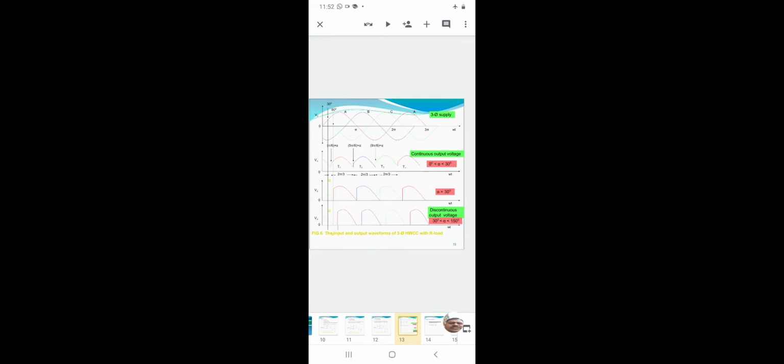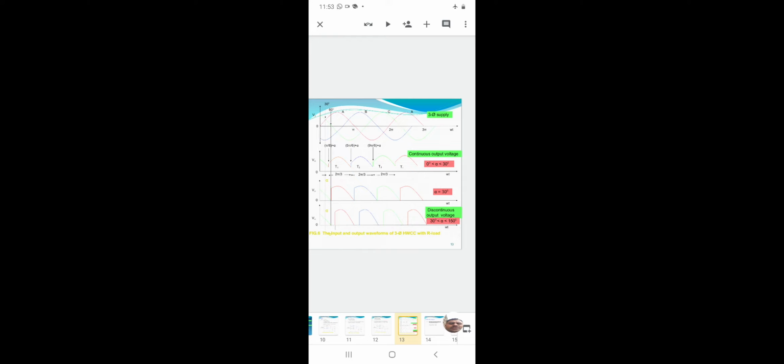From 9 pi by 6 to 11 pi by 6, thyristor T3 starts conducting for phase C. Each conducts for 120 degrees, and then the cycle repeats after 360 degrees. So like this, alternately for phase A, phase B and phase C, thyristors T1, T2, T3 start conducting.